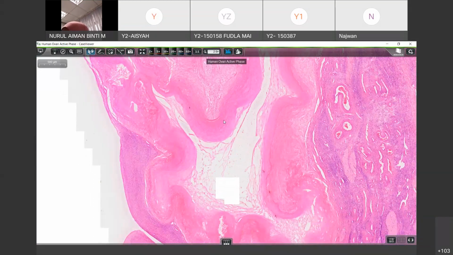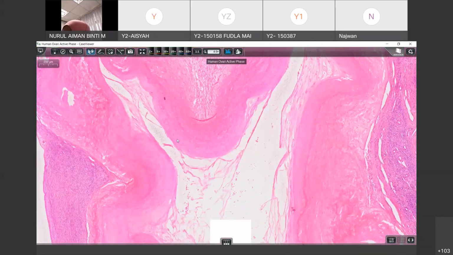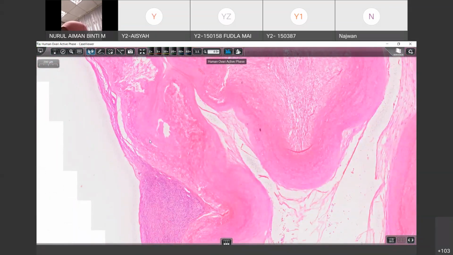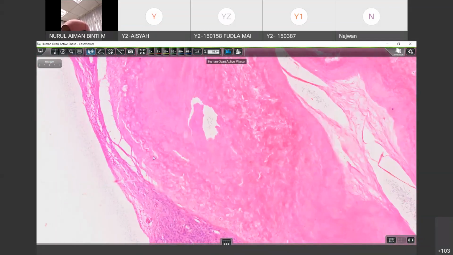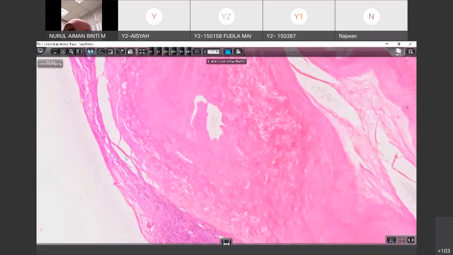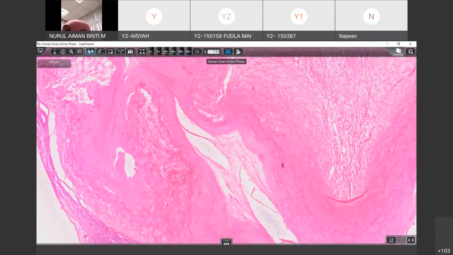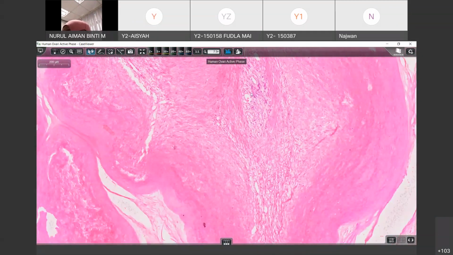And you of course have the theca externa, but theca externa is just a plain connective tissue, you can't see any cells in between. This is the outer part, the theca externa, and you have the theca lutein cells, and of course the granulosa cells in between.